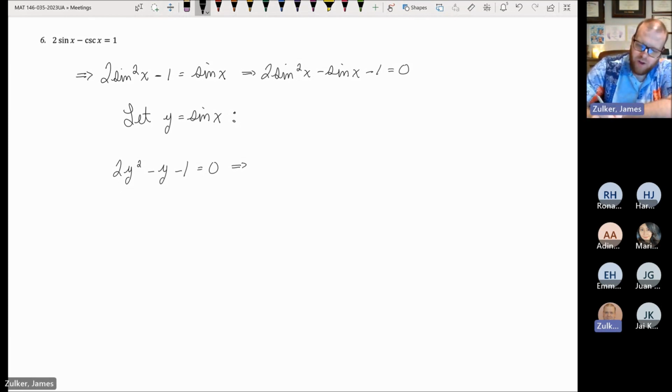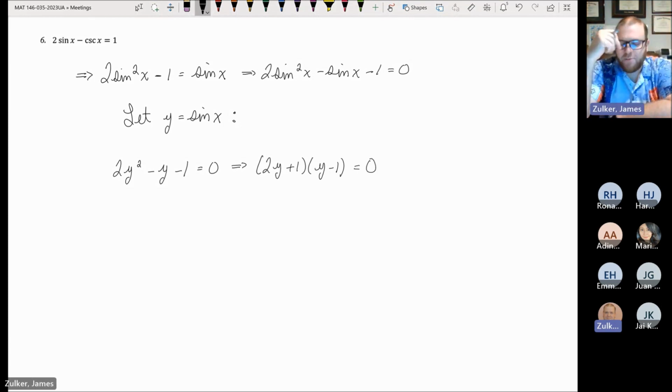And factors of 2 are 2 and 1. Factors of 1 are 1 and 1. 2 minus 1 is 1, right? We can write that as 2y plus 1 times y minus 1.